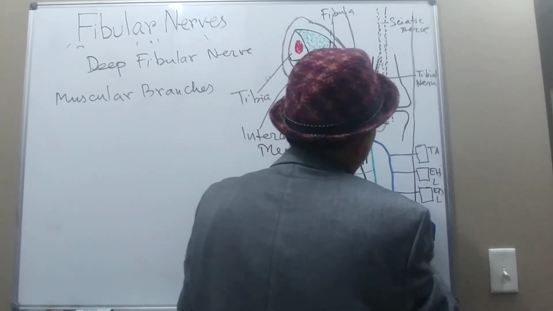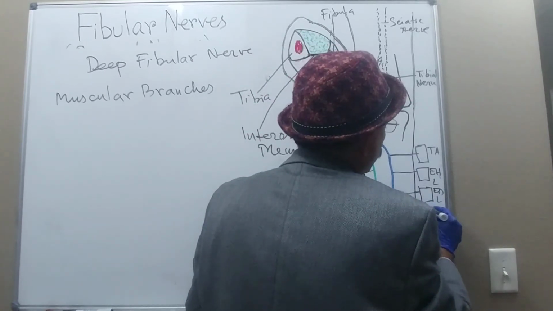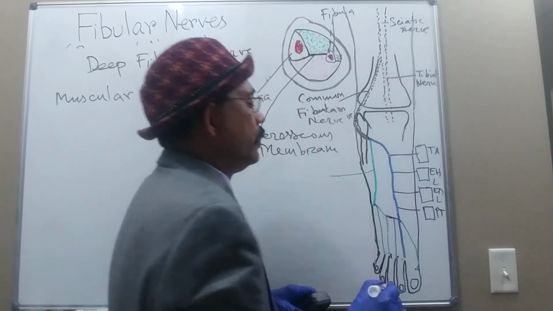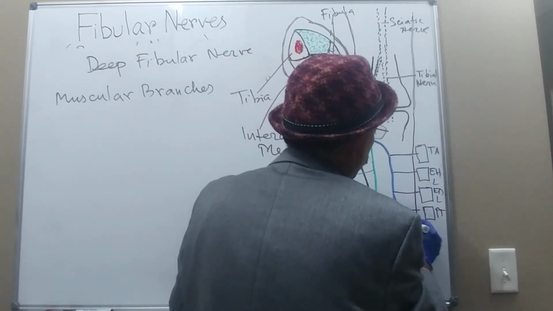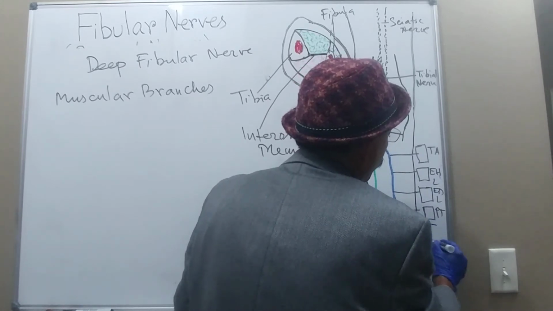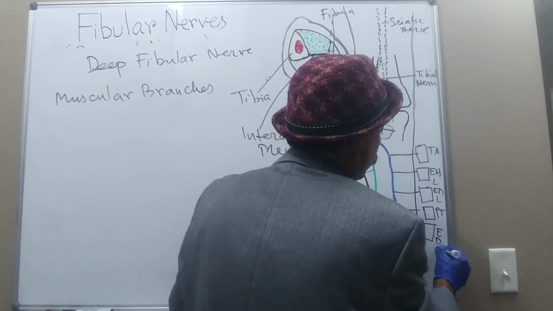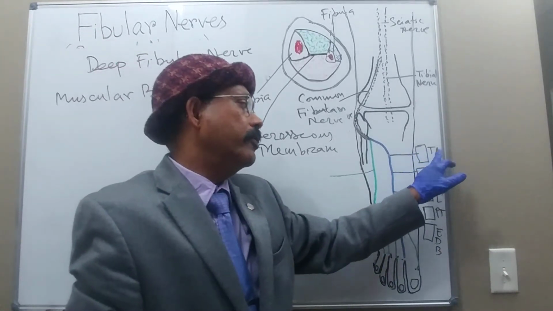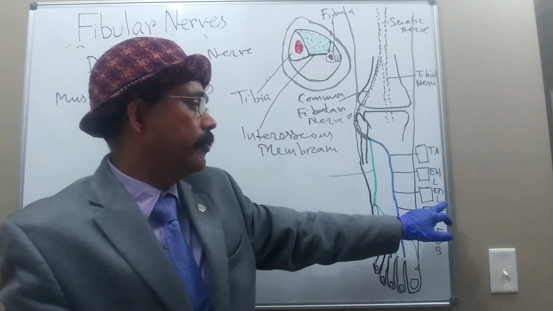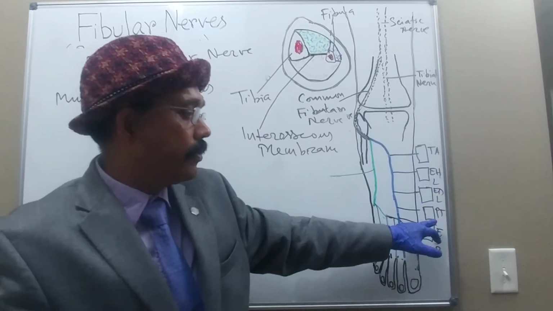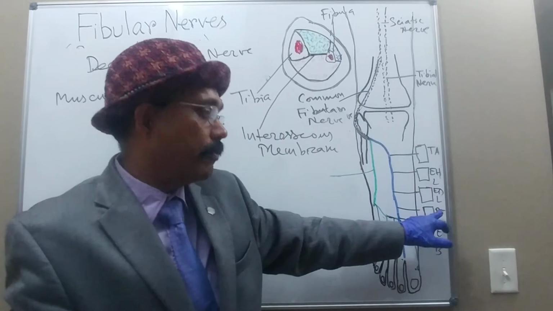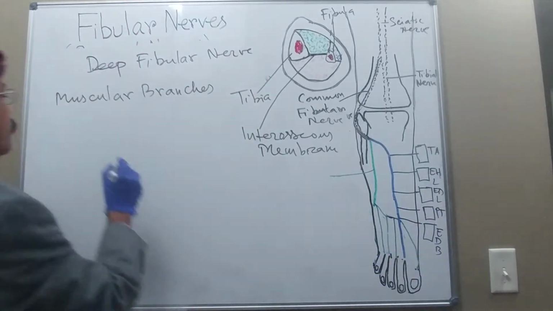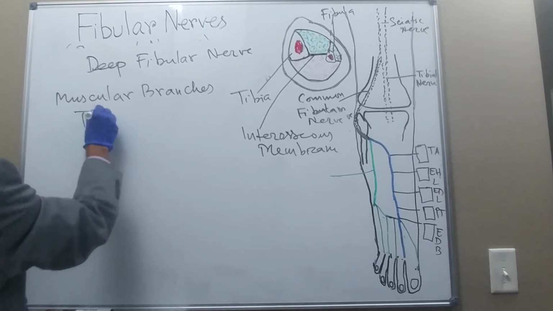It also innervates the peroneus tertius, and the extensor digitorum brevis. So 5 muscles: tibialis anterior, extensor hallucis longus, extensor digitorum longus, peroneus tertius or fibularis tertius, extensor digitorum brevis muscle.